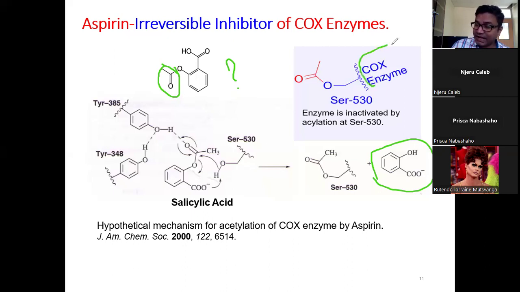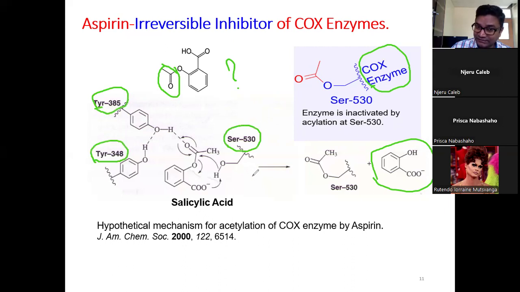This COX enzyme has important functional groups which are nothing but binding sites. Some of the important binding sites which help to bind to the COX enzyme are tyrosine 348, tyrosine 385, and serine 530 amino acid.